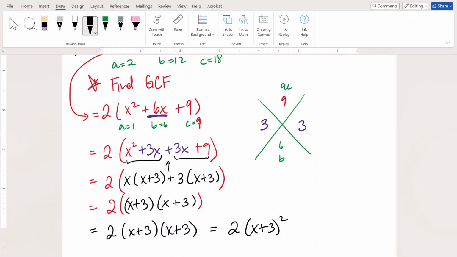But remember, the big thing is to find the GCF first to make your numbers a lot smaller. Otherwise, you're going to be dealing with big numbers when you get to this step right here. Okay? And that is it.